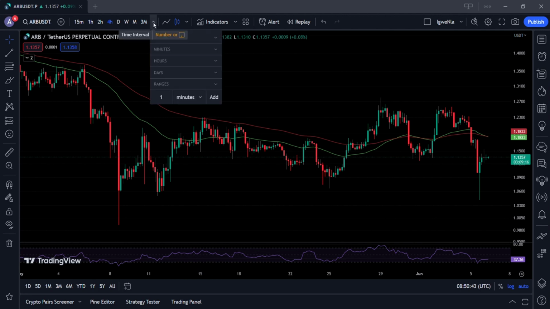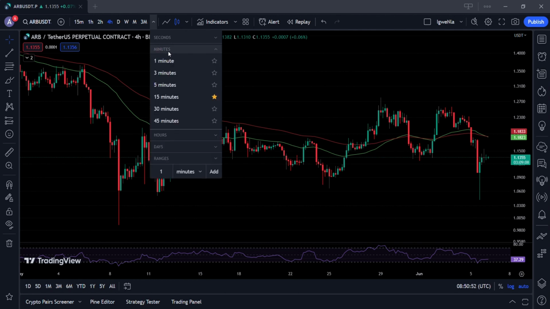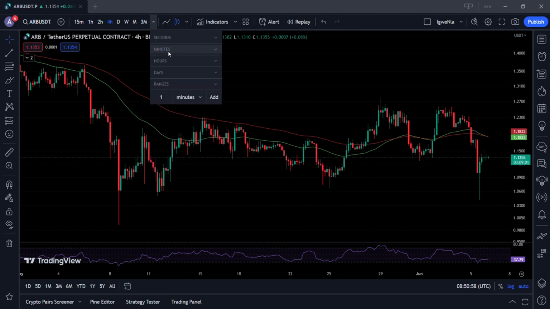This is the minutes, the hours, the seconds, the days, range. If you want to add more to the minutes, click on it. I just favorited the 15 minutes there, and everything that I do right now, I hope you are going to apply it to your own chart.